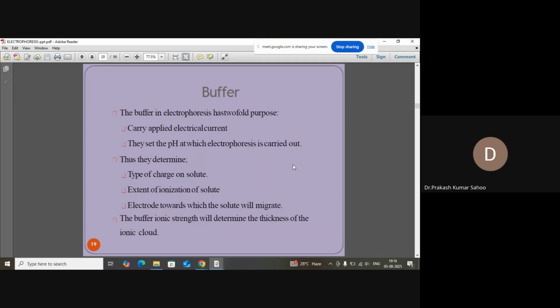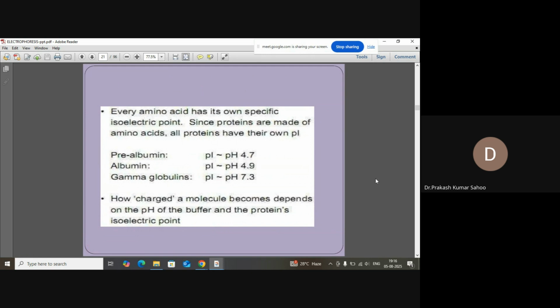The buffer in electrophoresis has a twofold purpose: to carry the applied electrical current, and to set the pH at which electrophoresis is carried out. They determine the type of charge, extent of ionization, and the electrode towards which the solute will migrate. The buffer ionic strength will determine the thickness of the ionic cloud.